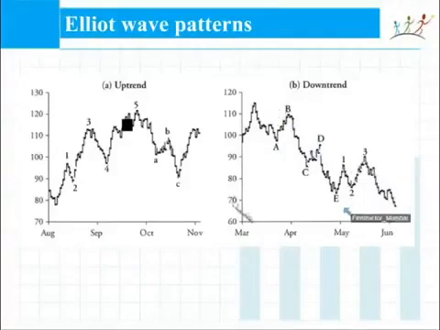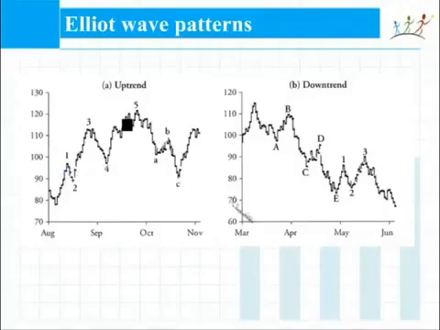Now, let's understand what the Elliott wave theory says. It says that in an uptrend, the up movement will have 5 waves, whereas the down movement will have just 3 waves. Each movement, each line, is a wave. This is 1. This is 2.